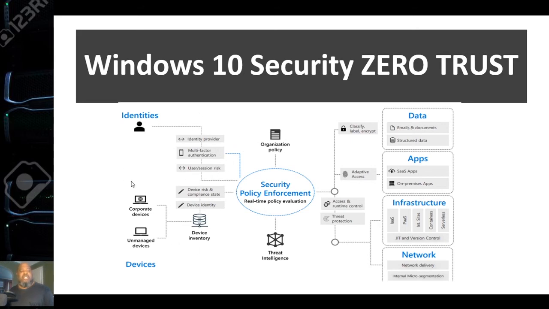So that's where the corporate device, Windows 10 compliance, and how that actually fits into the zero trust network. Of course, we're just talking about a high level of how the Windows 10 device works inside a zero trust network. So we're just scratching the surface of that.